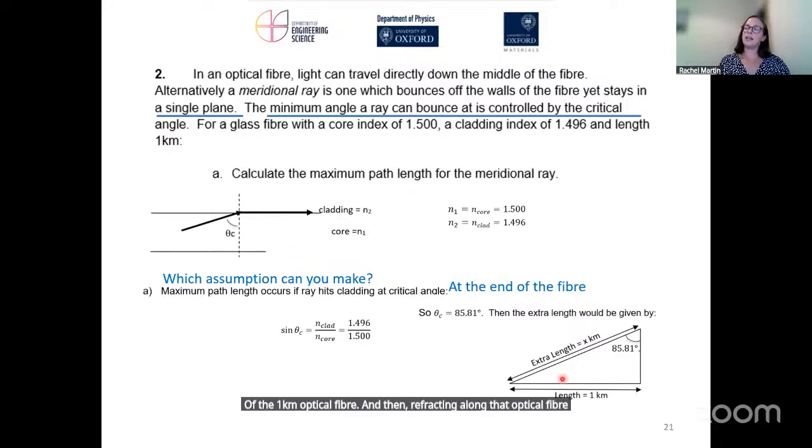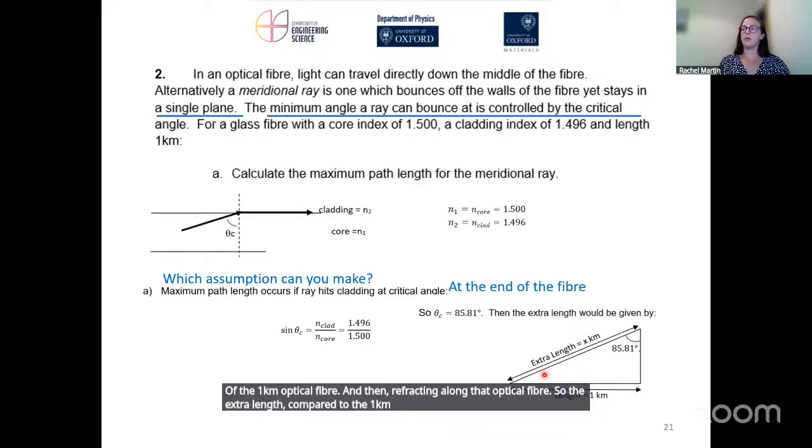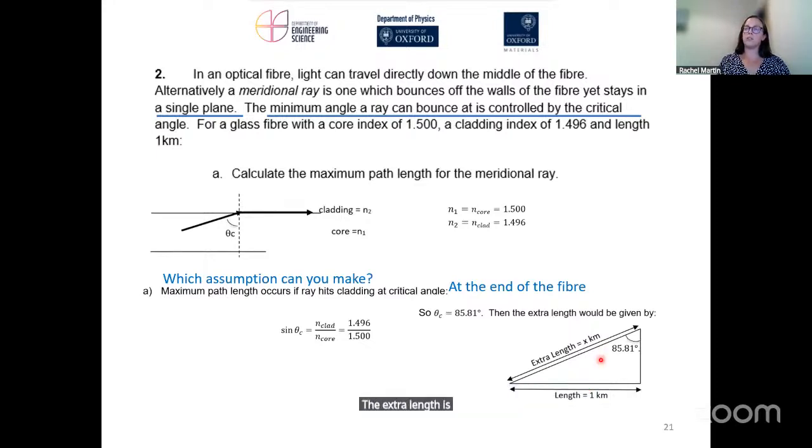So the extra length compared to the 1 kilometre along horizontally, the straight line, is therefore the hypotenuse of this, because we're modeling it as the incident ray traveling along the critical angle to give us that maximum difference in length.